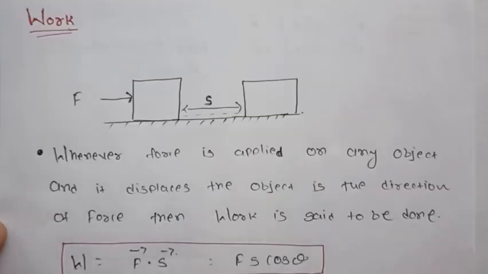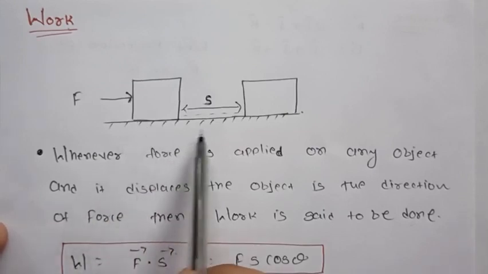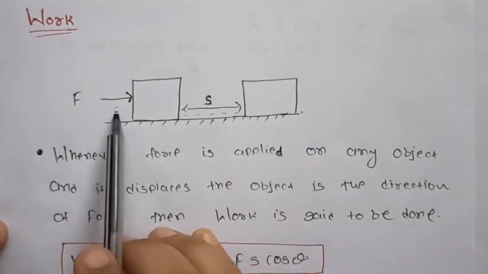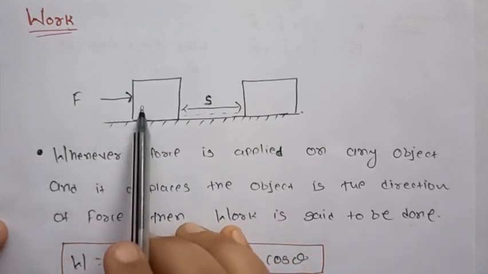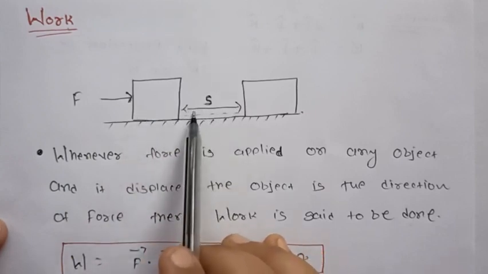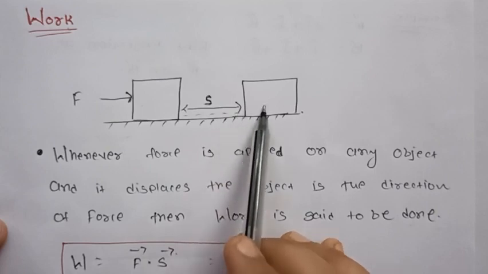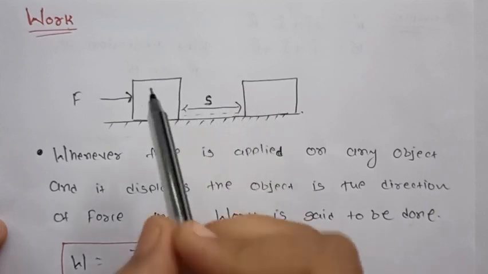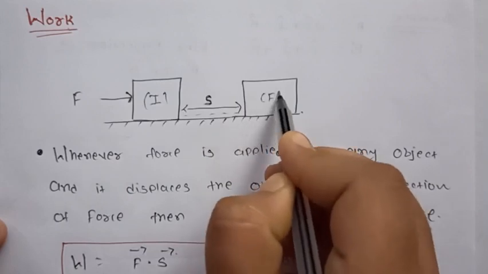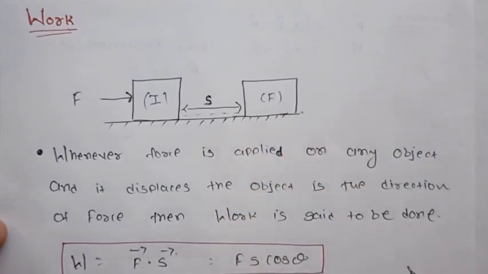Now let us define work. There is one object placed on a surface. We have applied some force on it. Due to this force, this object is displaced by S meters in the direction of force. So this is the initial position of the object and this is the final position of the object.